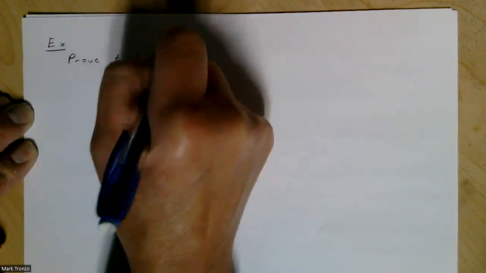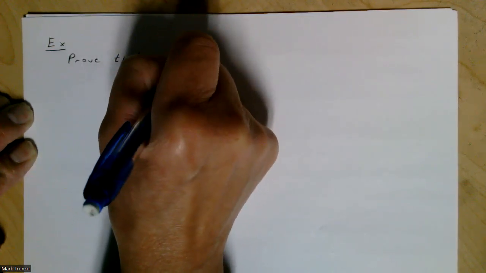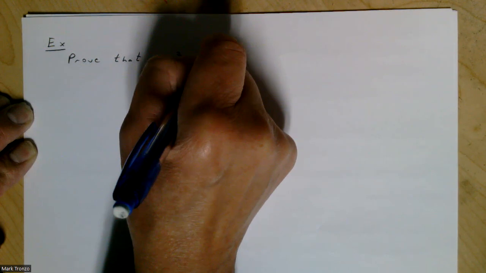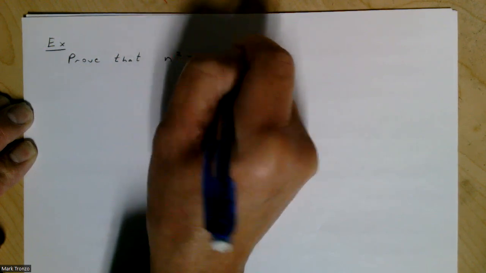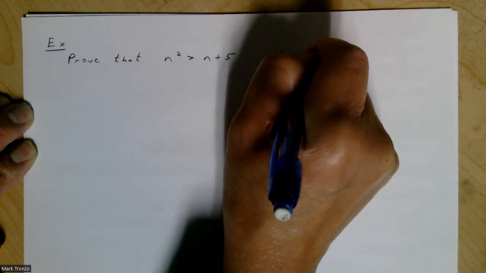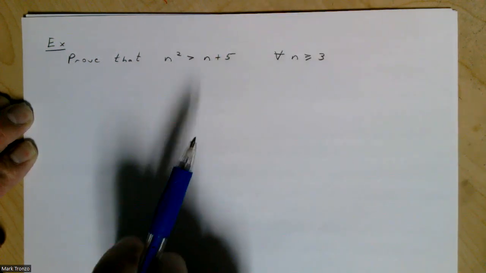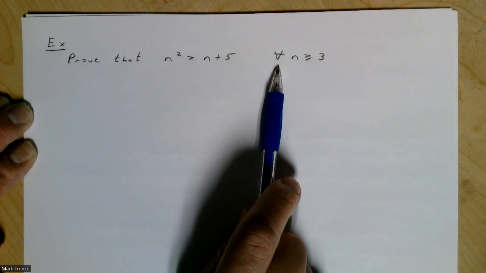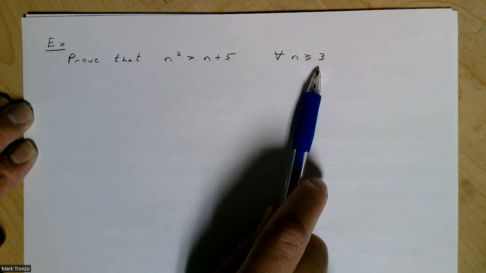Prove that n squared is greater than or equal to n plus 5 for all n greater than or equal to 3. And remember, this is a symbol for all n greater than or equal to 3.